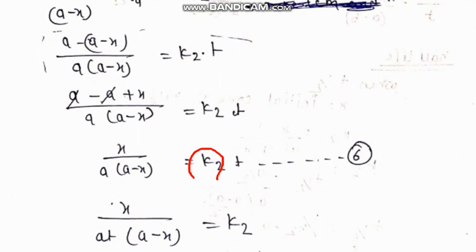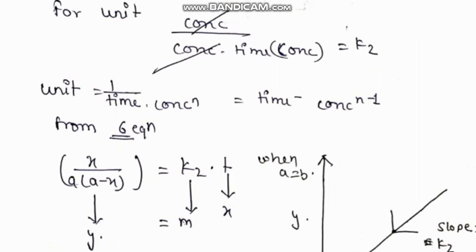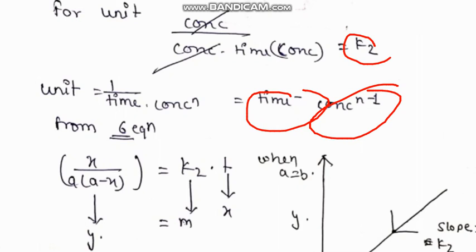From here the value of K2 can be determined by taking t on the other side, so x upon t a bracket a minus x is equal to K2. The unit of K2 is concentration upon concentration and time bracket concentration, so the unit of K2 will be time inverse and concentration inverse.